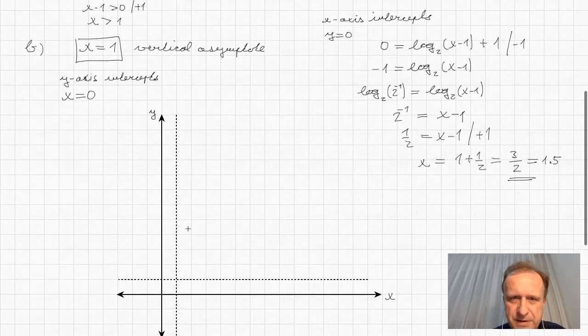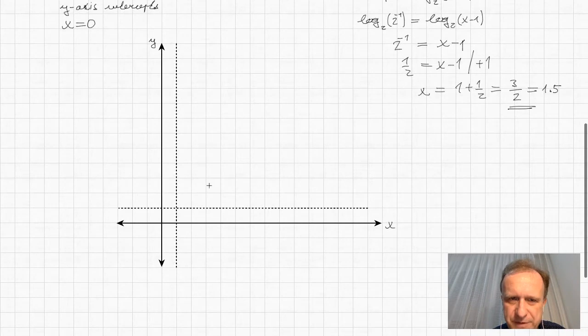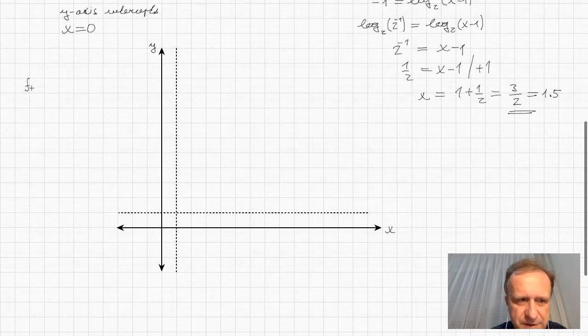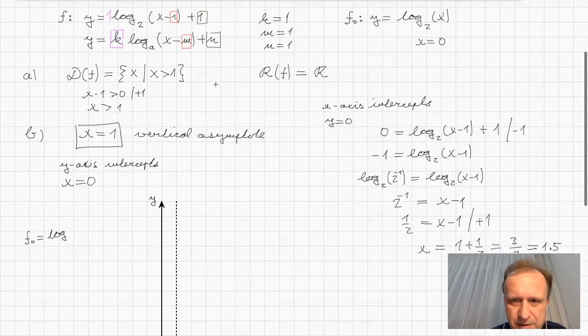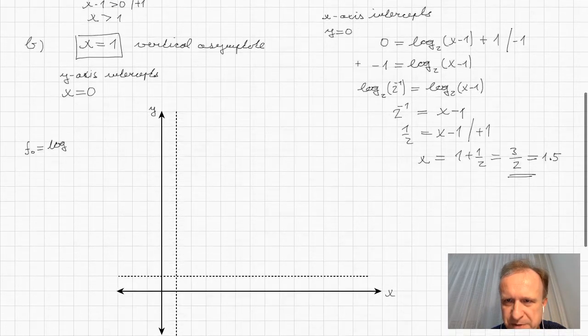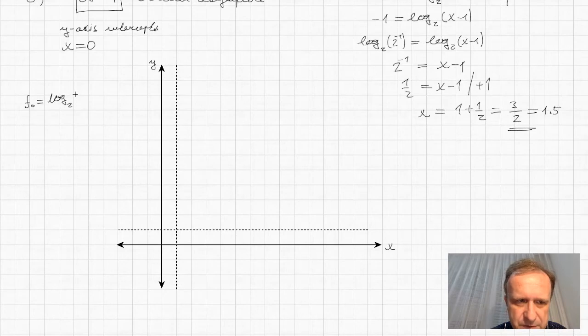So let me use black color to represent the graph of the original function. So the original function f sub 0 is the logarithm in base 2 of x.